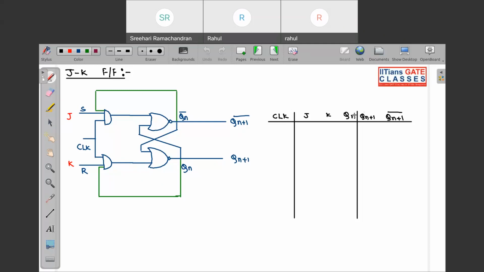In case of NAND latch, when both the inputs are 0 0, we have invalid. But in your flip flop, irrespective of NAND or NOR, whenever both the inputs are 1 1, we have invalid state. So in JK flip flop, basically we are going to counter this only. Other than this invalid state, JK flip flop is same as your SR flip flop.